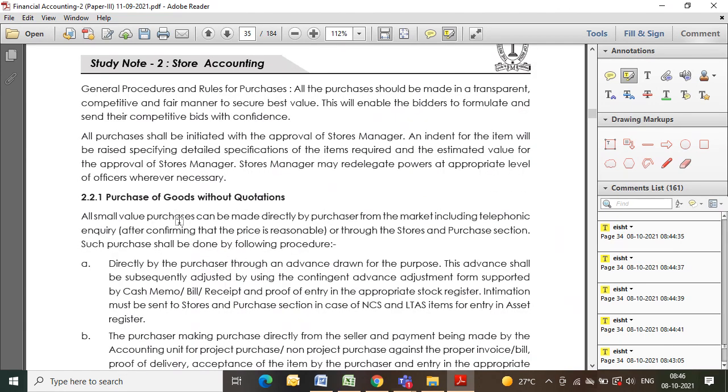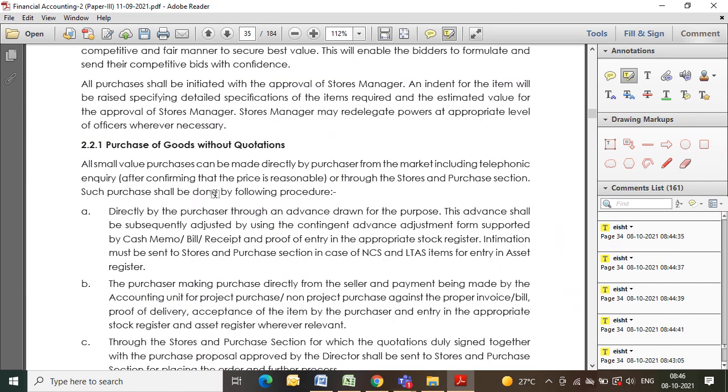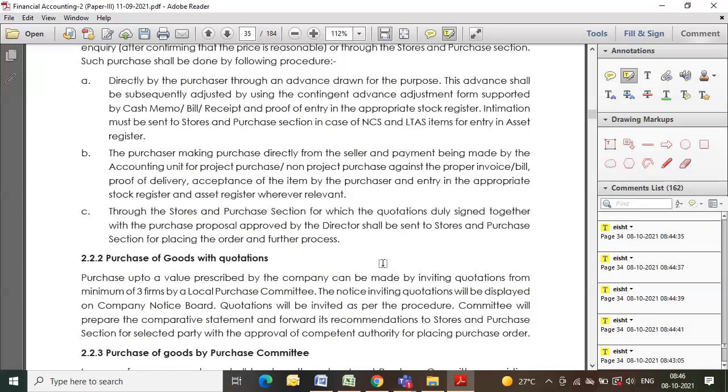Purchase of goods has to be with quotation, which means you should not buy material which is not with quotations. However, small value may be purchased without quotation. Quotations have to be minimum three. Whenever you work in an organization, the rule says that minimum three quotations must be there.